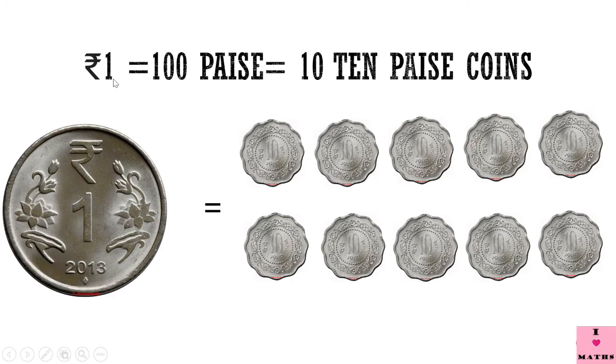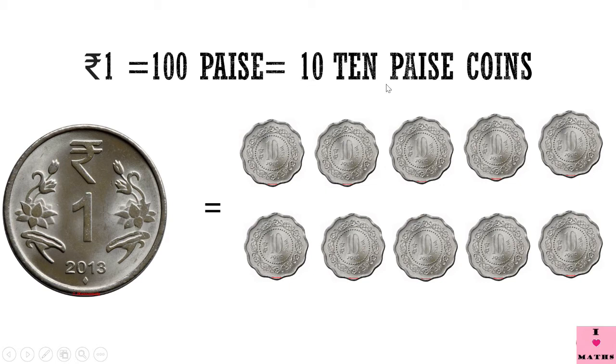Now, how many 10 paisa coins are there in rupee 1? So we will divide 100 paise by 10 paise. 100 will be the dividend and 10 will be the divisor. Now 10 tens are 100. So 10 will be the quotient.